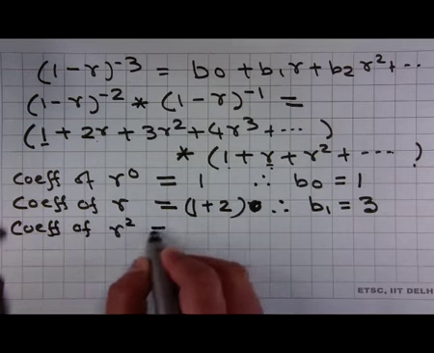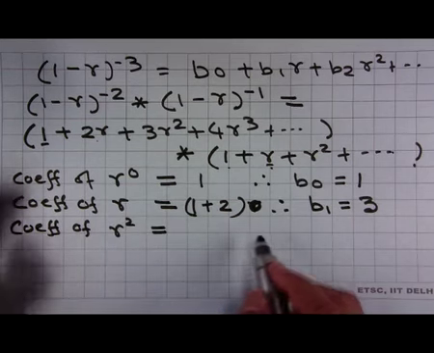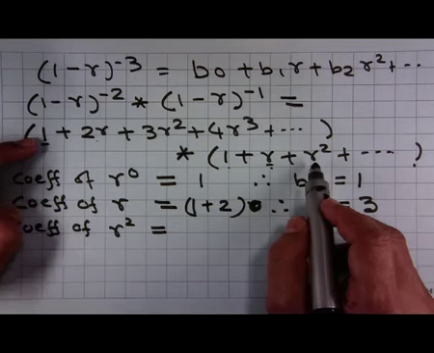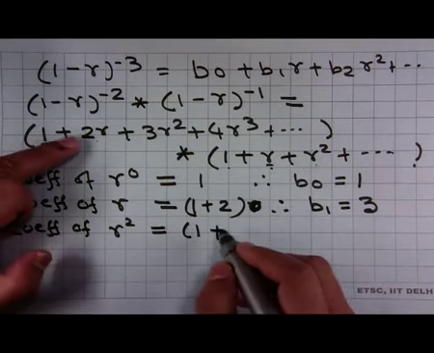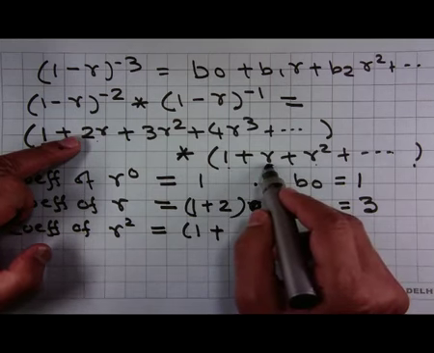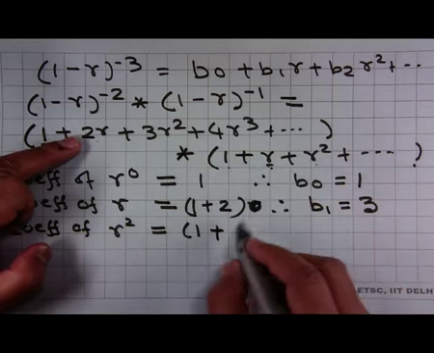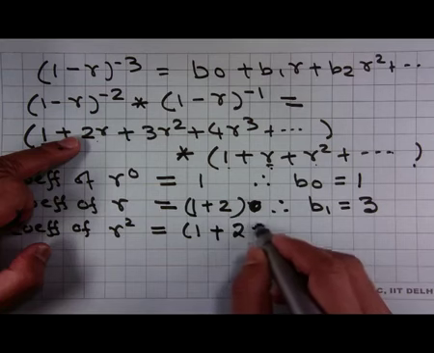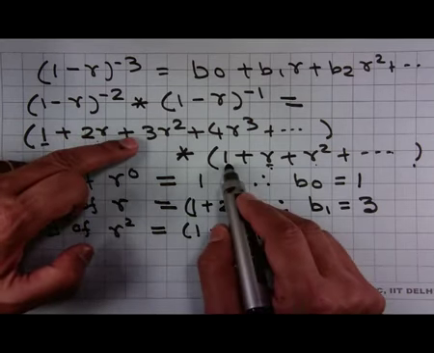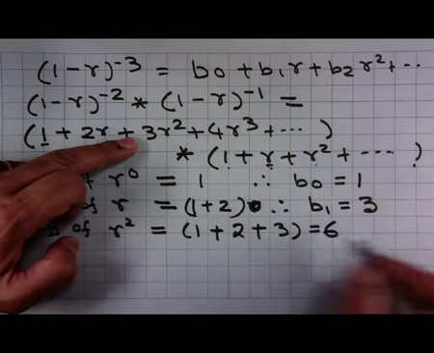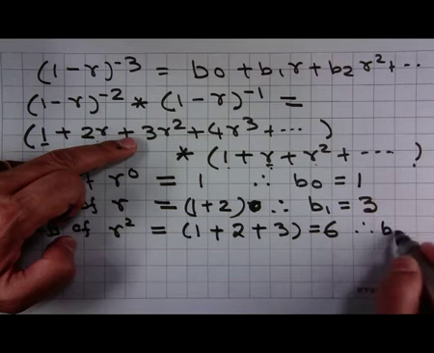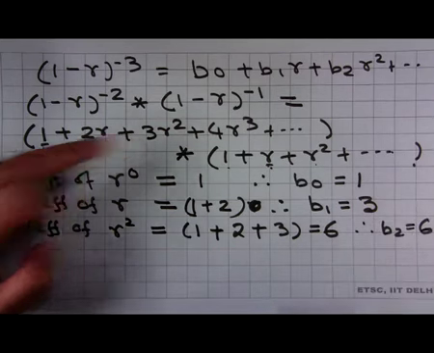Coefficient of r square. Now, you can easily find out this one multiplied by this r square will give me 1 plus these 2 r multiplied with this r will give me 2 r square plus this 3 r square multiplied with this 1 will give me 3 r square. Therefore, it is 6. Therefore, b 2 is equal to 6.